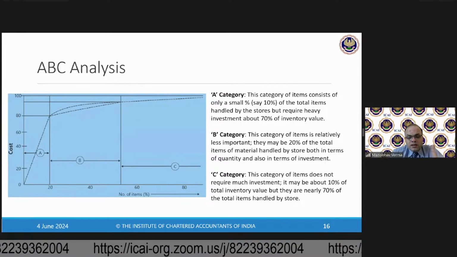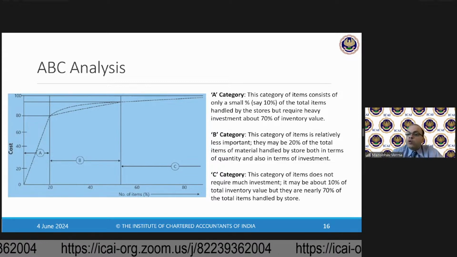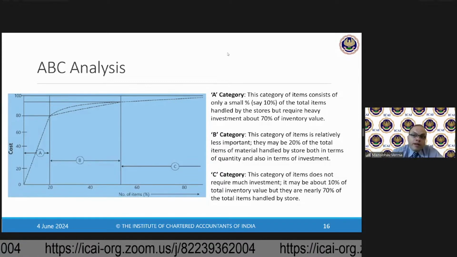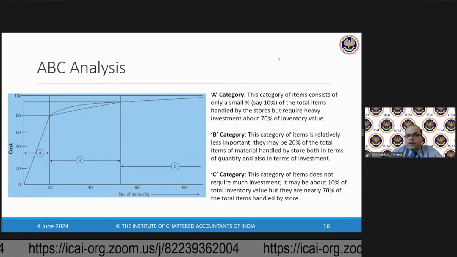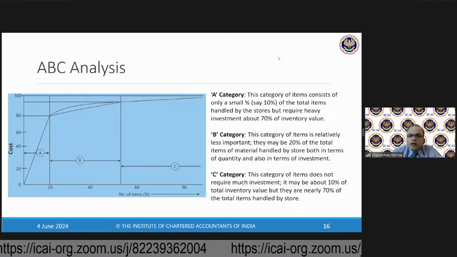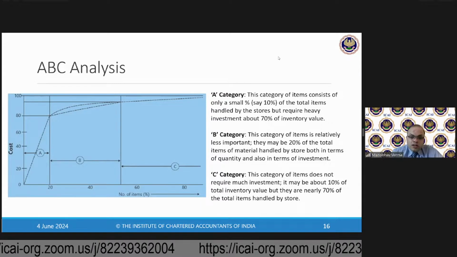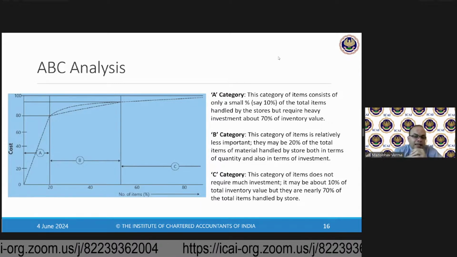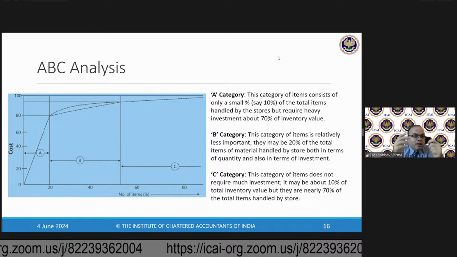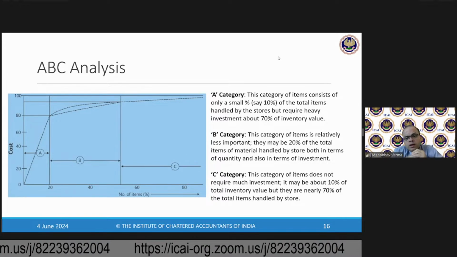So what we are looking at here is, depending on the ABC analysis, the controls that should be implemented. I hope this is clear to everyone. When I say C category, these do not require a constant control, but definitely they require a regular check.